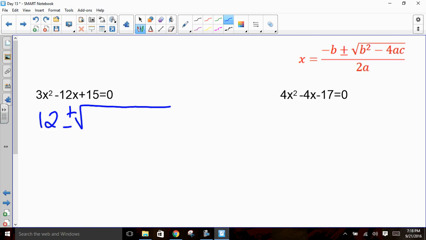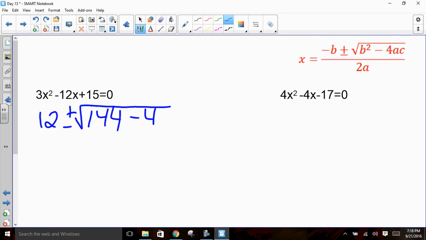If you need to, you're more than willing to do that. The reason being is I can do a lot of this stuff by talking to you. So we know that I'm going to square that b term. So what is negative 12 times negative 12? Well, that's going to give me 144. So I'm going to go ahead and write that squared term there.